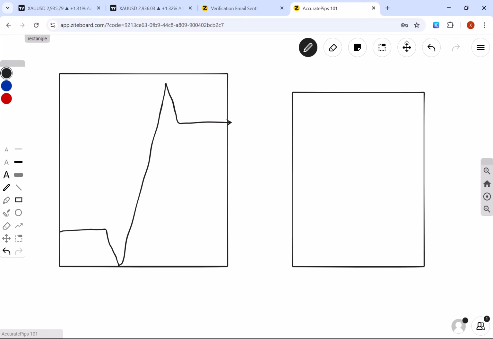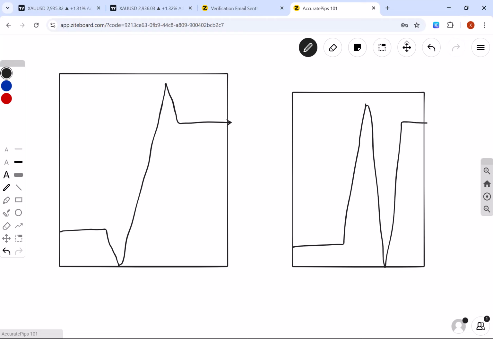So it can happen that it will open and then give us the high price, push down to form the low price, push back up and close here. So we can have something like this.